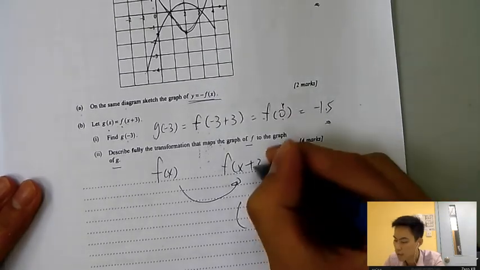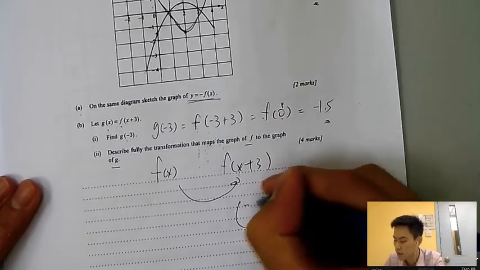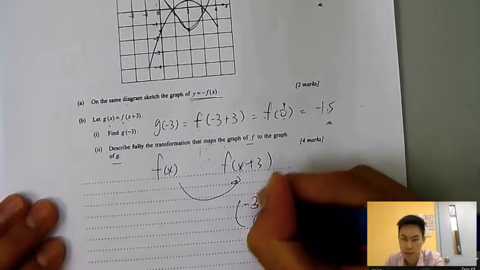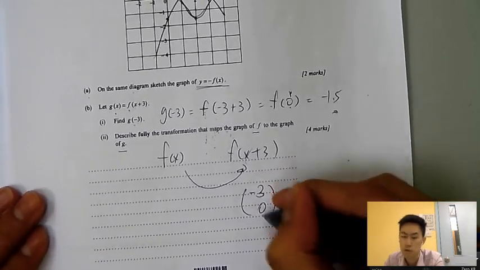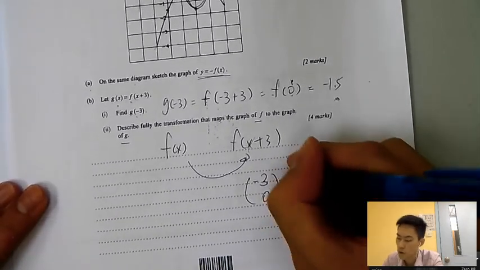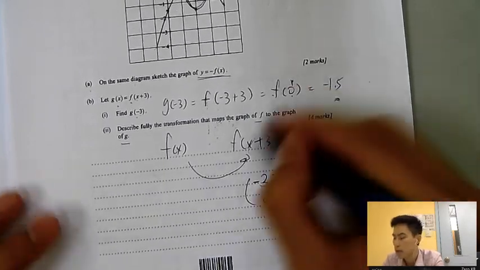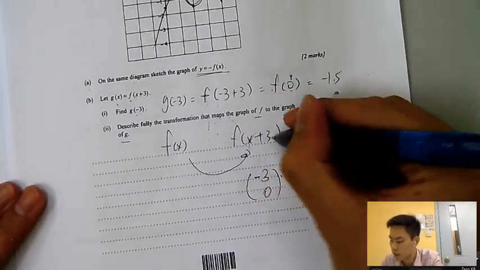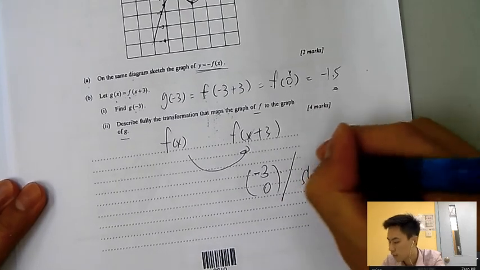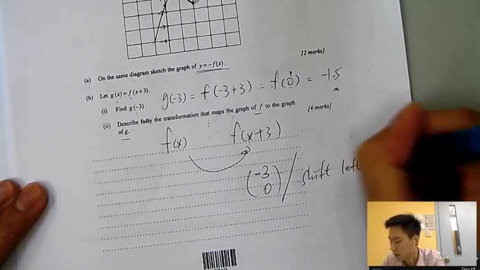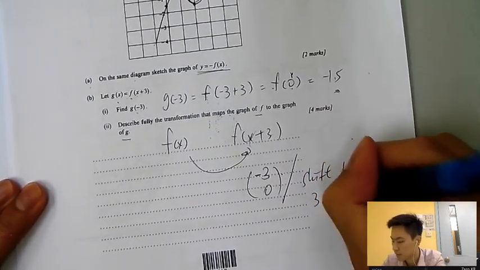It goes left. Plus 3 goes left. So you can write the vector minus 3, 0, because there's no change in y. But in words, you have to describe the change of x: shift left by 3 units.